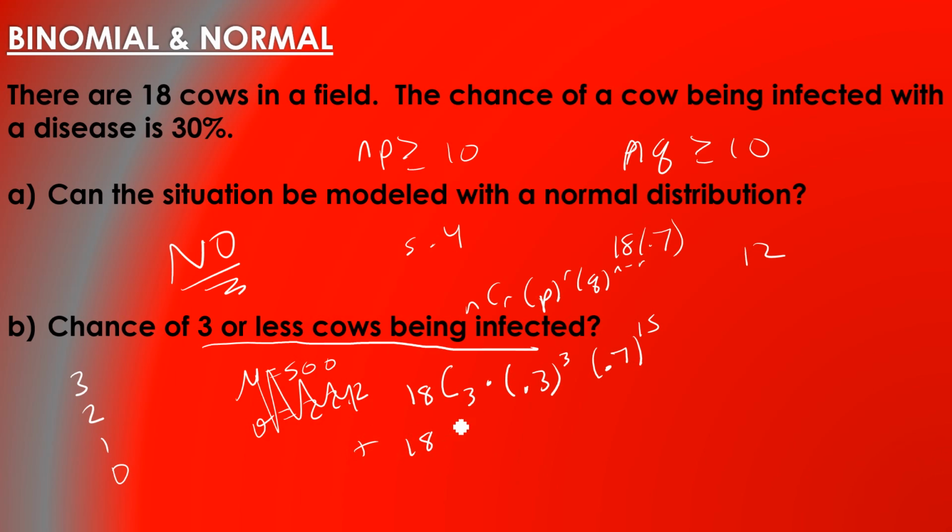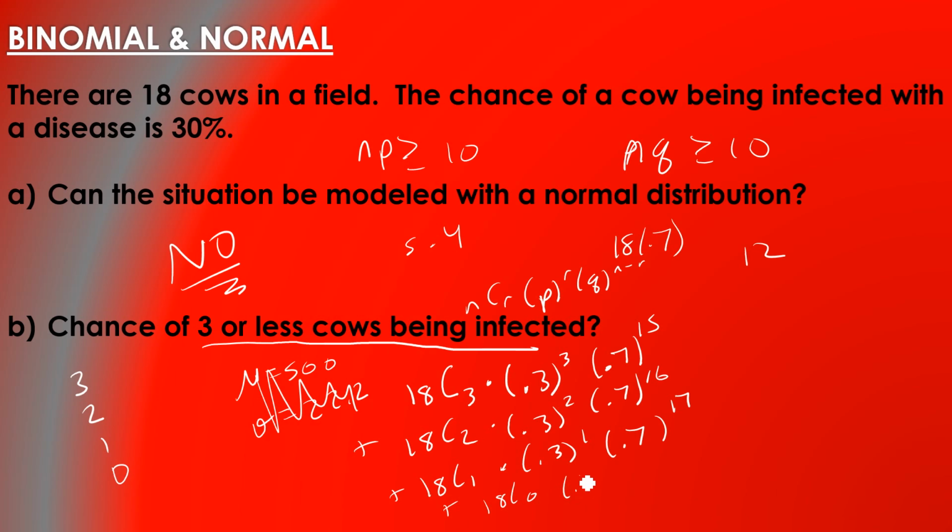And then we add to that 18 choose 2, times 0.3 squared, 0.7 to the 16, plus 18 choose 1, times 0.3 to the 1, 0.7 to the 17, and finally 18 choose 0, 0.3 to the 0, 0.7 to the 18.